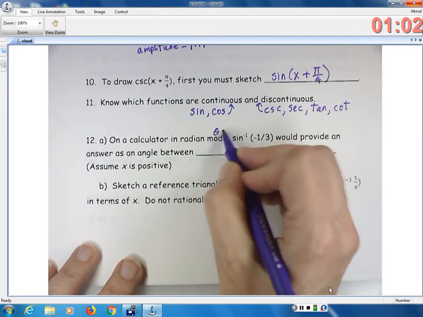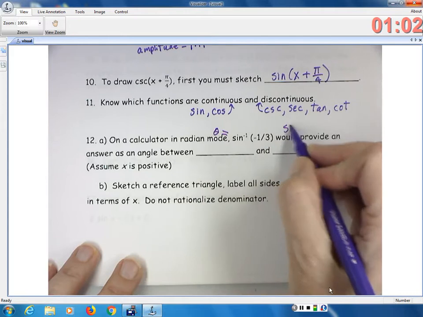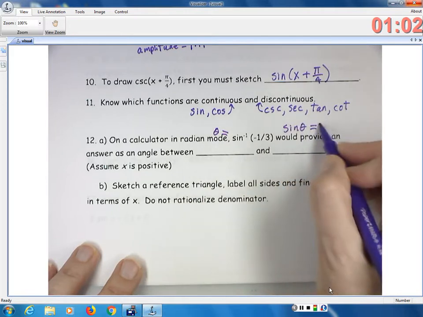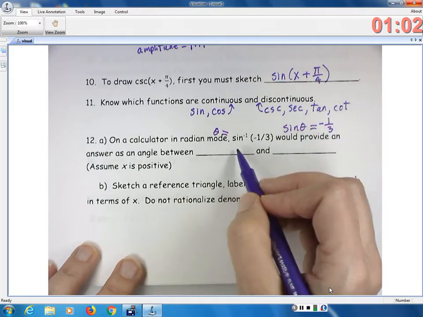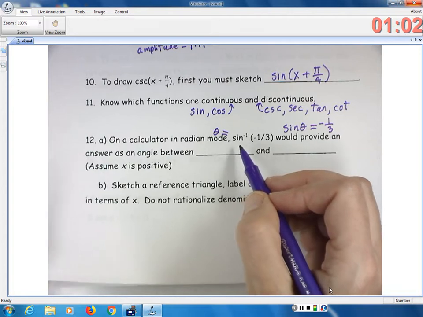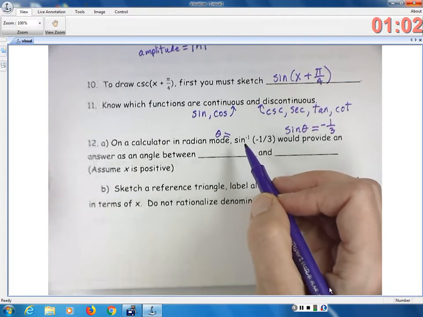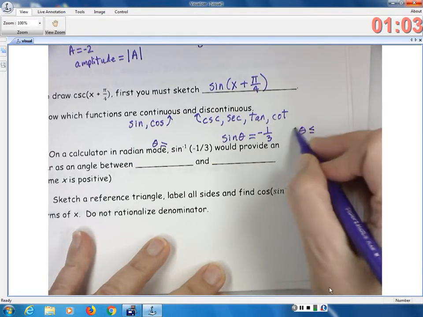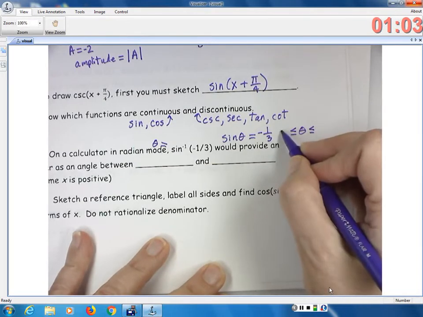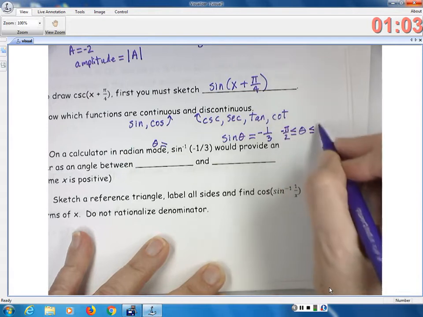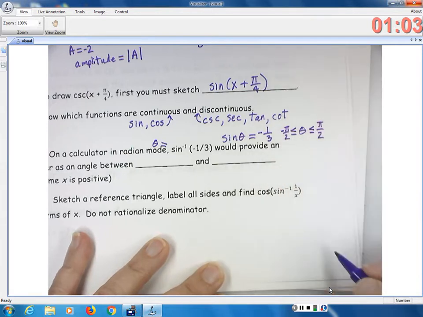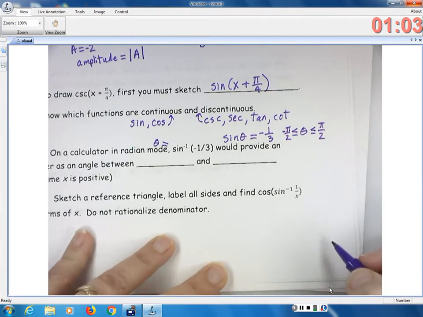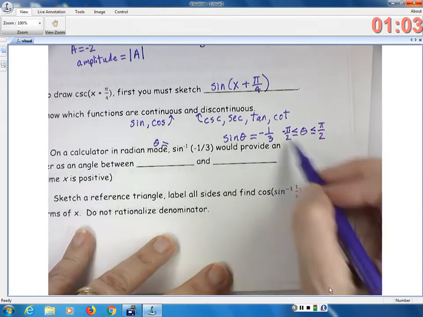Theta equals inverse sine of -1/3 means sine theta equals -1/3. But we restricted the domain of sine to have an inverse function. And so theta has to be between -pi/2 and pi/2, and you have to memorize that. That was the restricted domain for sine. So when we do sine inverse, we're going to get that.